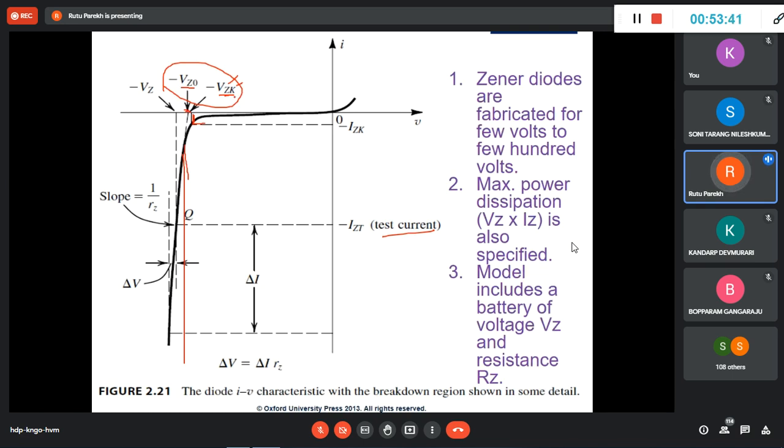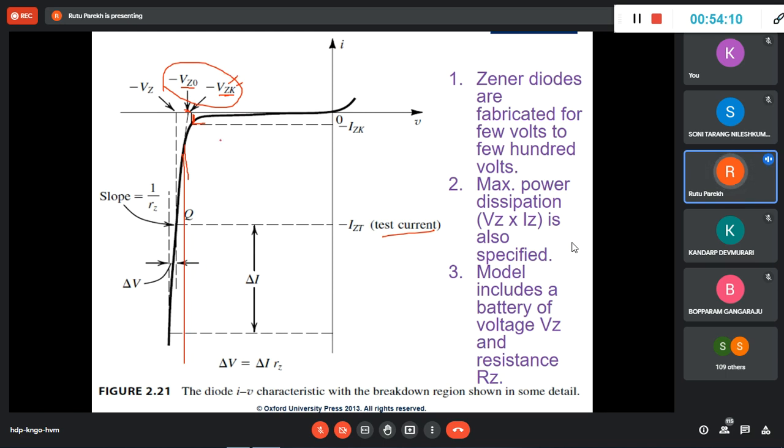At Zener knee voltage, there is an exponential rise in the current, and the current from that point rises steeply, and this is where it intersects this line, that is VZ0, and this is the operating voltage here.